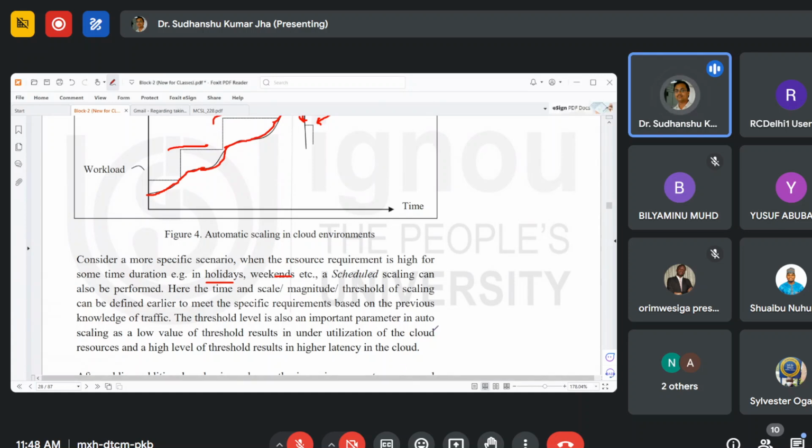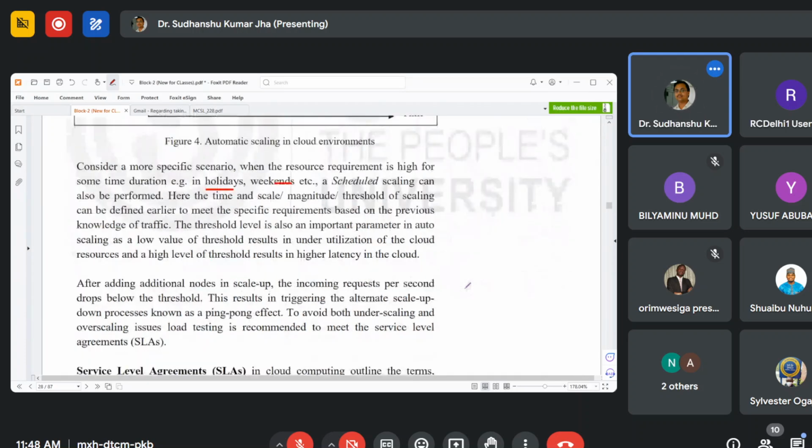So the cloud will automatically calculate and scale up and scale down the resources. So auto scaling will be more beneficial here.